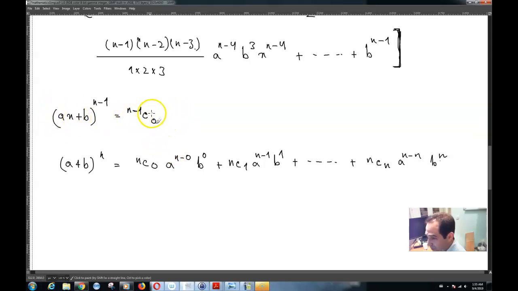ax whole raised to the power n minus 1, and b raised to the power 0. Okay. And the second term would be n minus 1 combination 1, ax whole raised to the power n minus 1 minus 1, so that's n minus 2, b raised to the power 1.